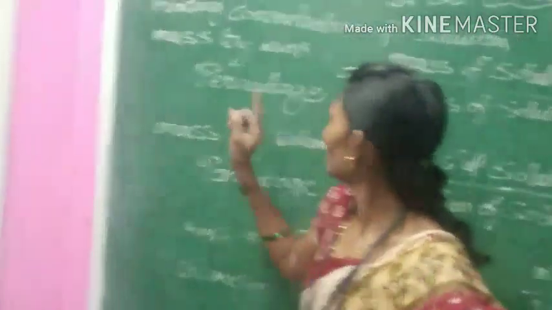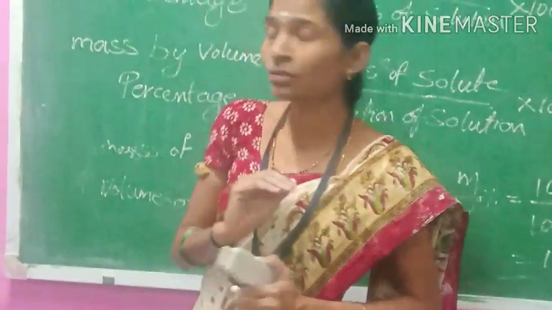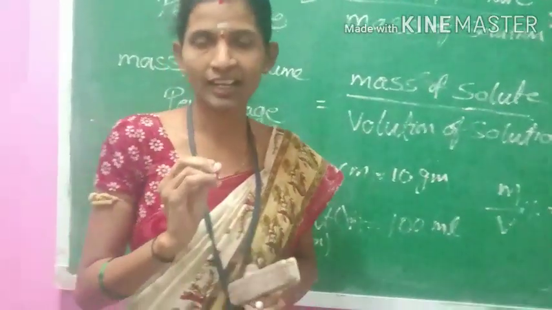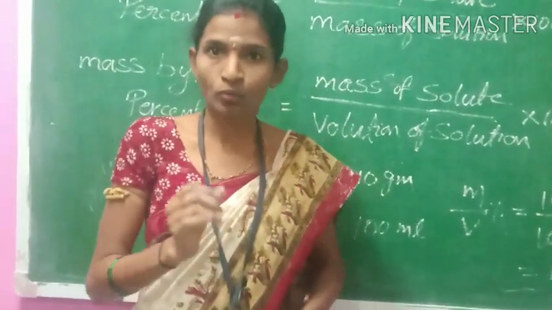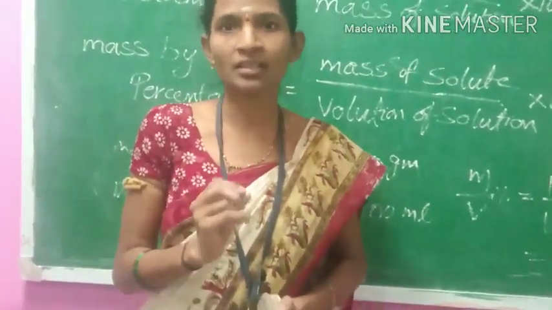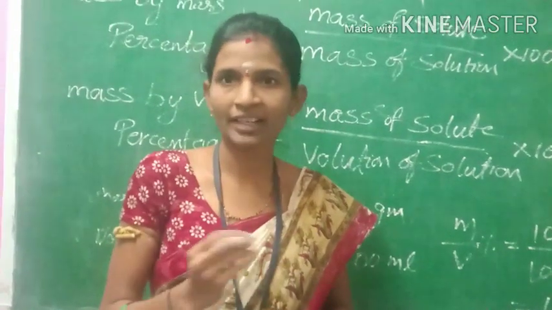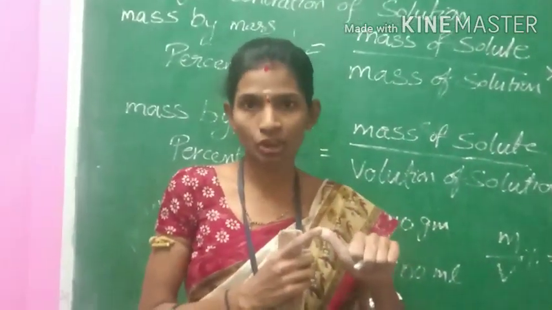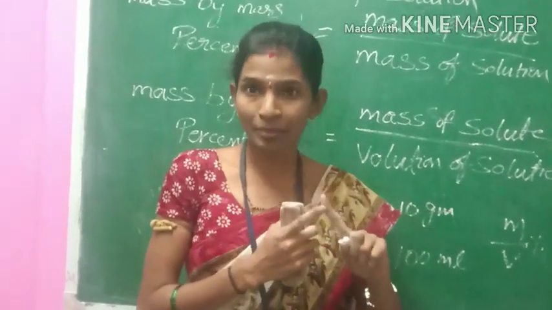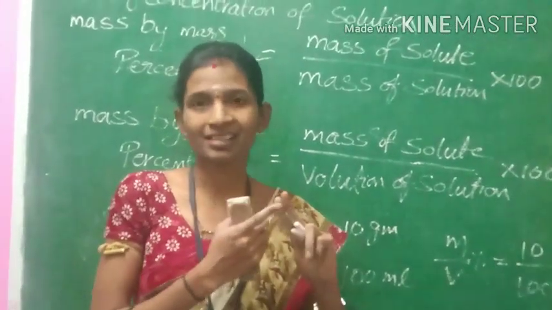Till now we have discussed finding the concentration of the solution, solubility, and the factors which influence solubility. The factors which influence the rate of solubility, or the rate of dissolving, are the size of the solute, next temperature, and next stirring.